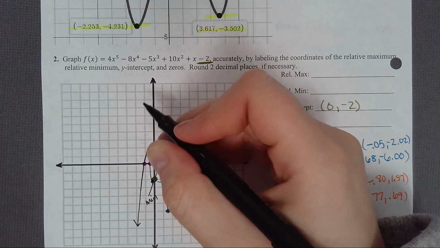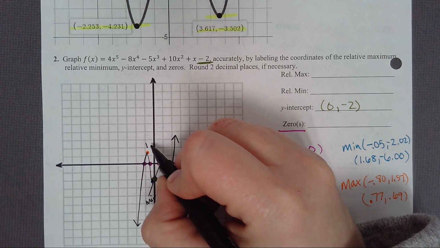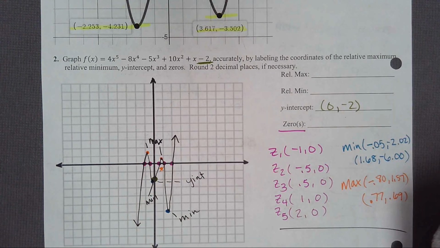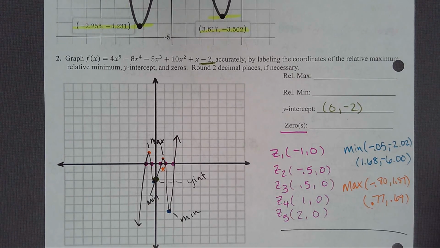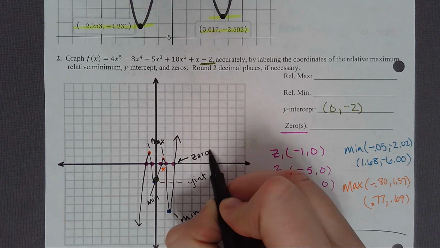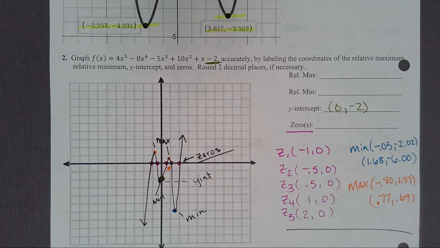Y-intercept. Those are maxes, and then zeros. I mean, there you go, zeros. Like, they're right next to each other and whatnot.